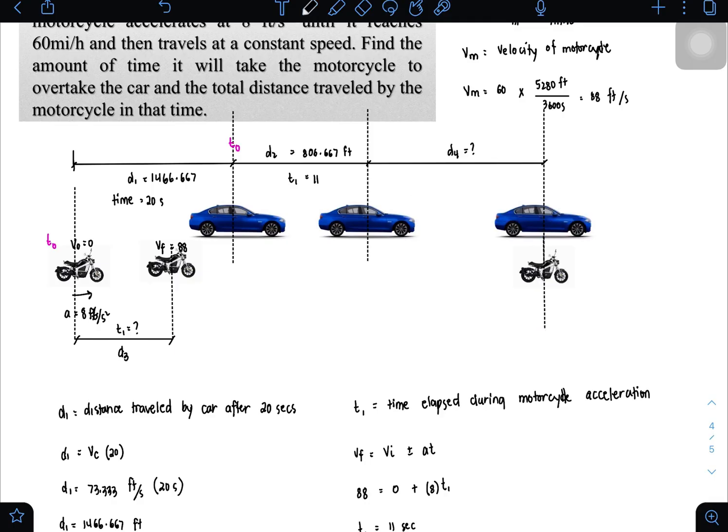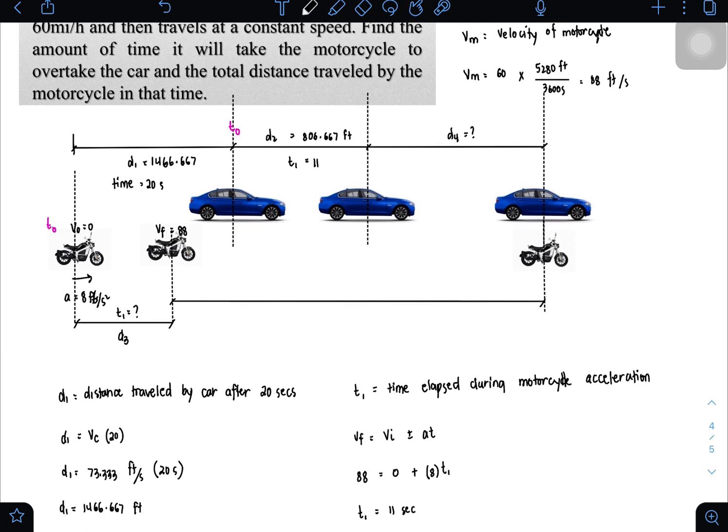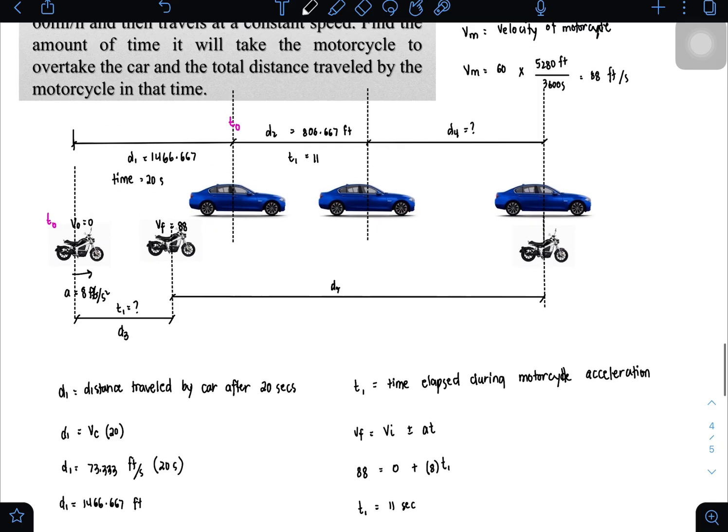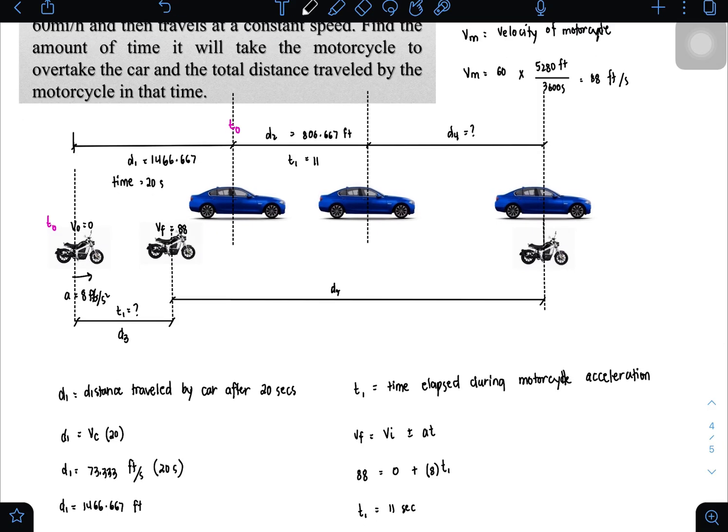Here is the distance. This is the distance 5. Okay, so what is the analysis for this one?